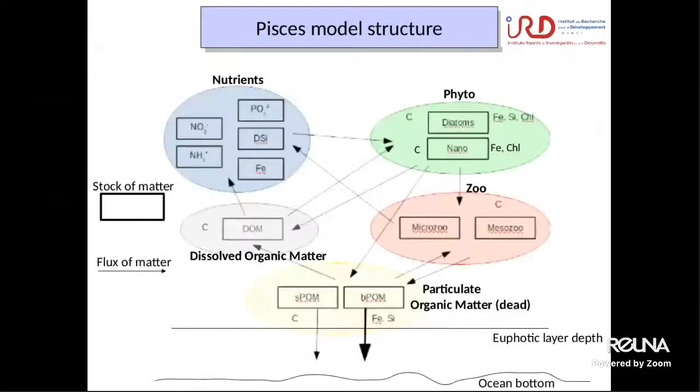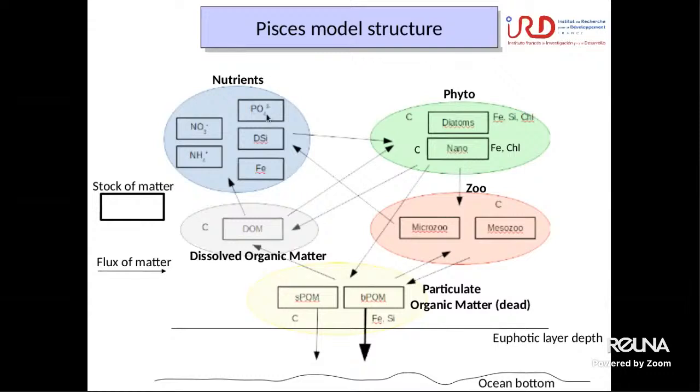So first, here is a general sketch of the PISCES model structure. You have 4 big compartments: nutrients, phytoplankton, zooplankton, and dissolved organic matter. In fact, you have 5 because here you also have particulate organic matter.